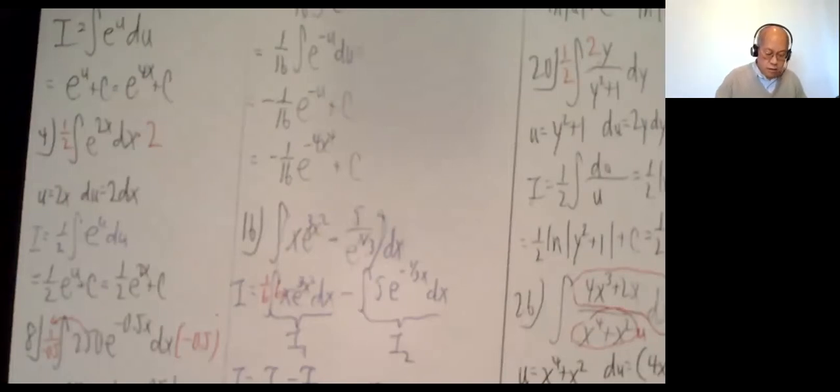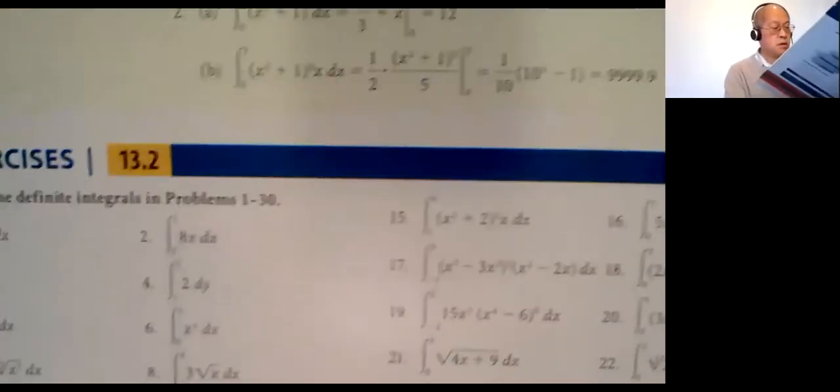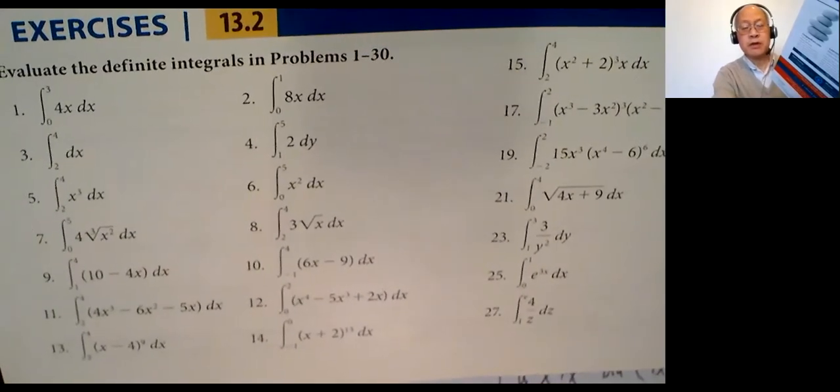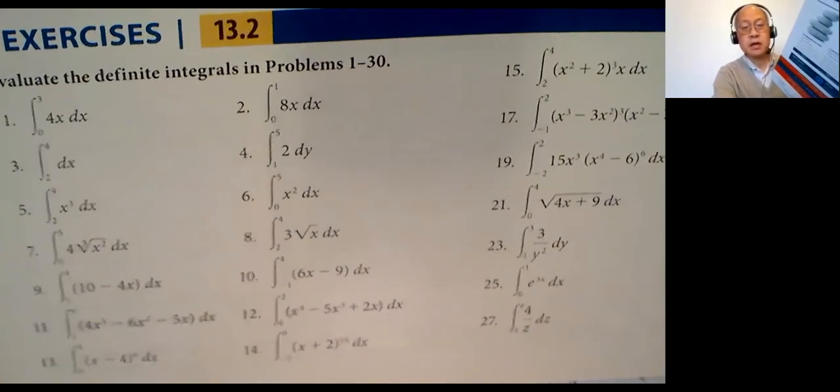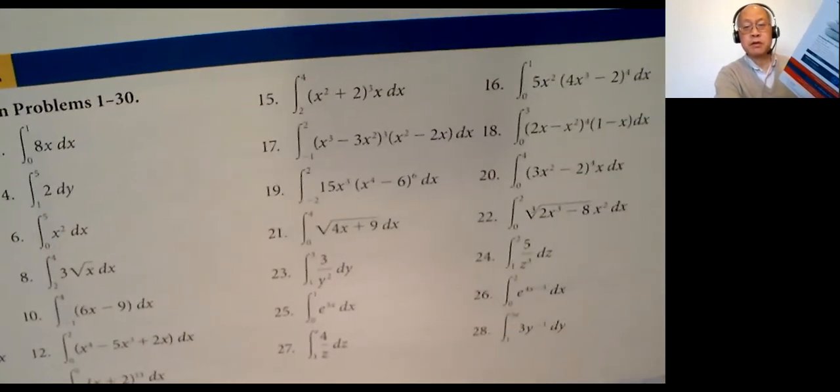I can find it here. 13.2, page 804. So as I mentioned last time, these integrals have numbers on the funny looking S. Okay, it basically means you're going to be plugging in those numbers.